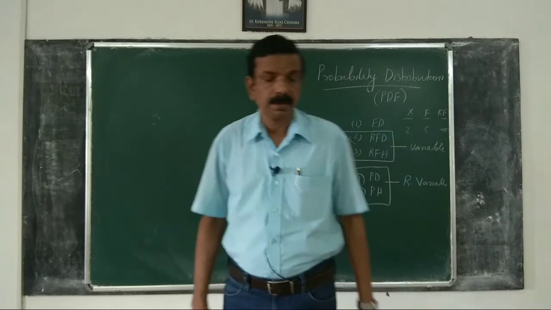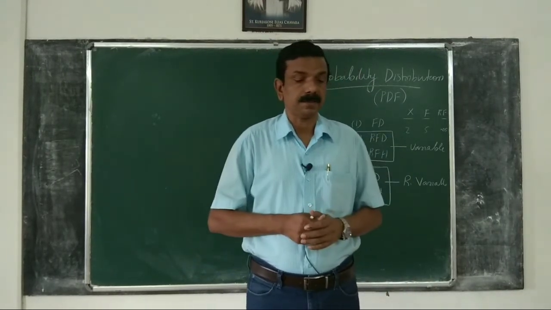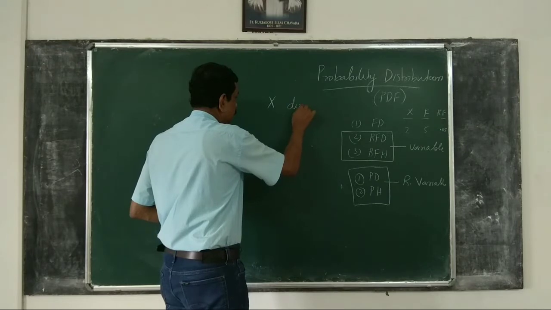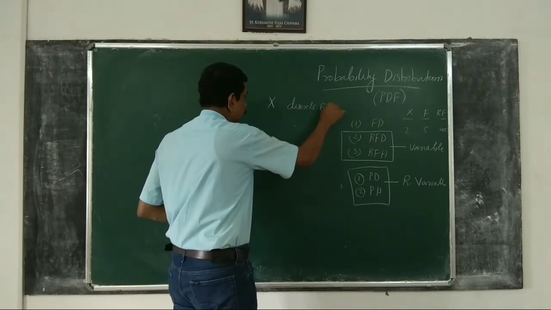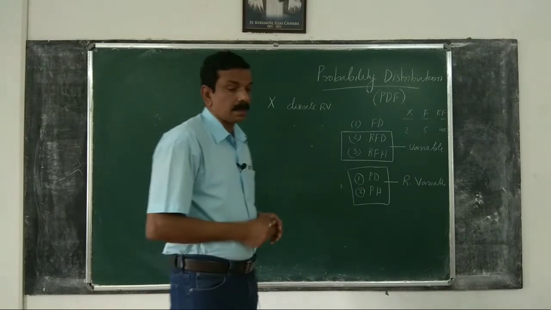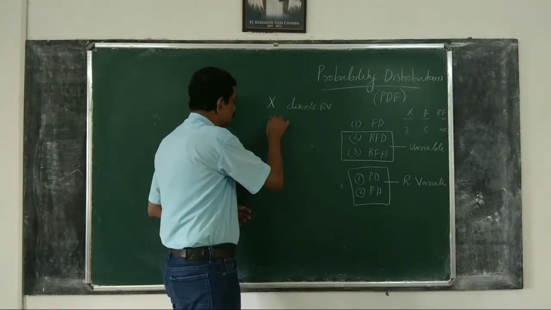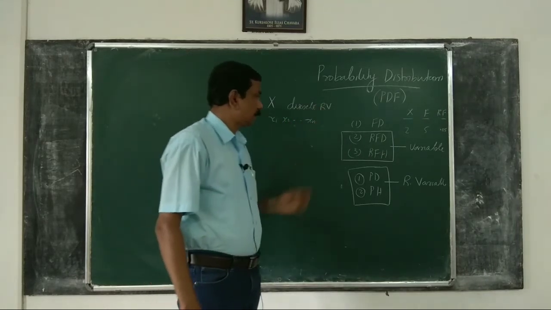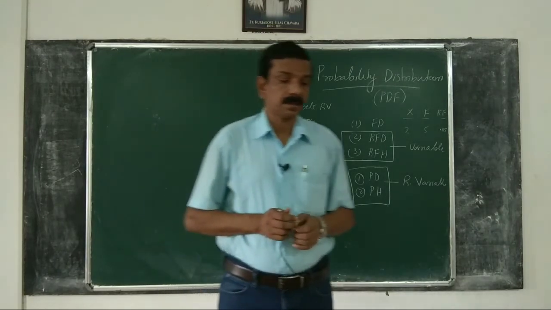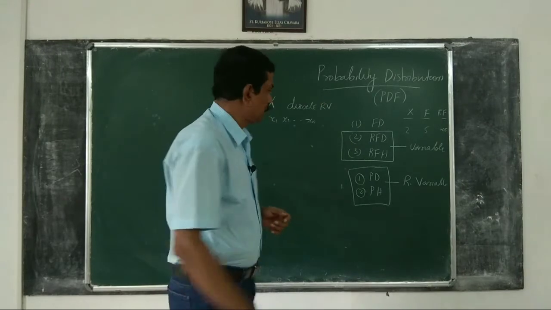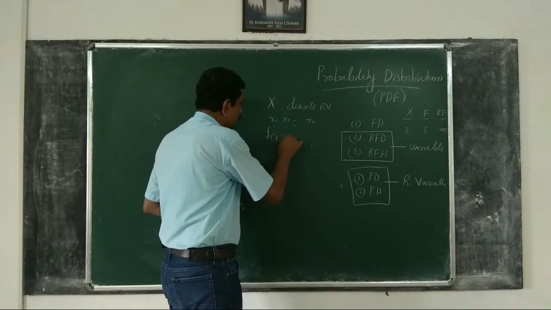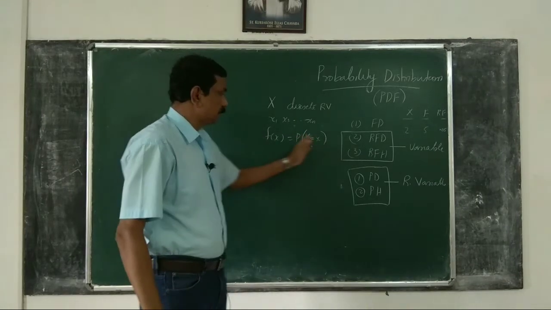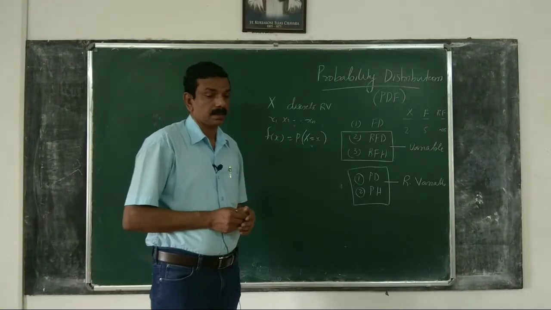Now let me give a formal definition. Let X be a discrete random variable taking the values x1, x2, etc., xn, and let f(x) be the probability that X is equal to x.